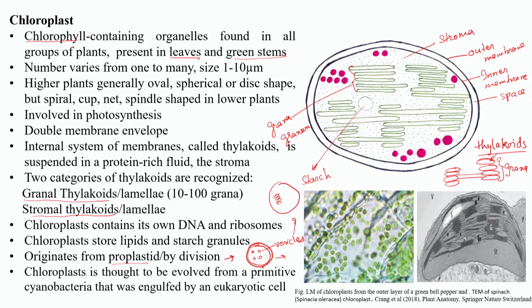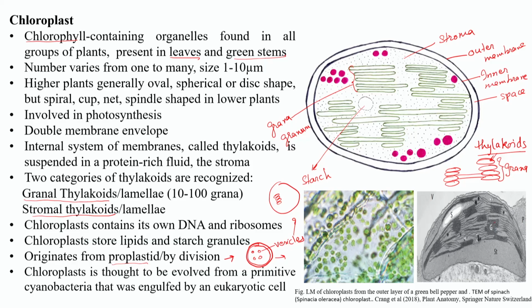Chloroplast could also be generated by division, by normal means, the pre-existing organelle can also divide and give rise to new chloroplast.